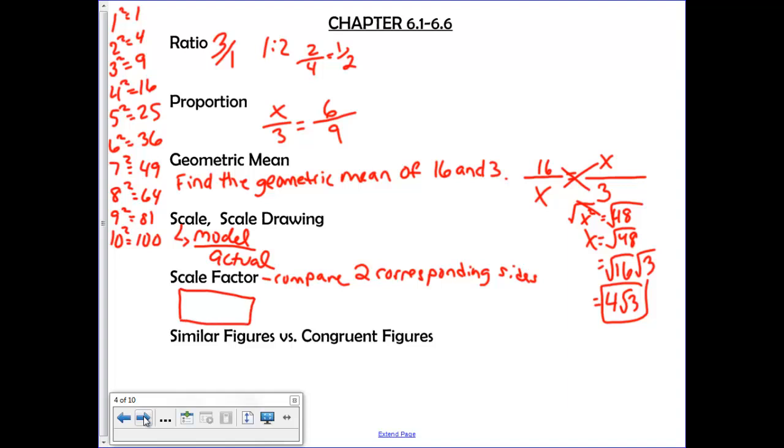This side is 20. That side's 10. So when I say find the scale factor, I'm not telling you which one we want to start with. The sides that match up, this one corresponds to this one. So we have 20 to 10, and it simplifies to 2 to 1.